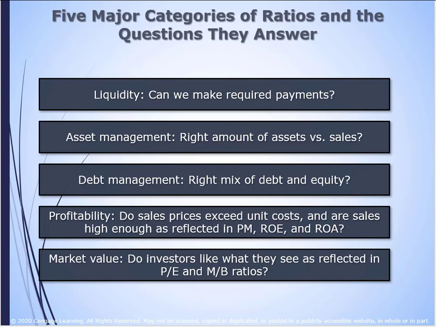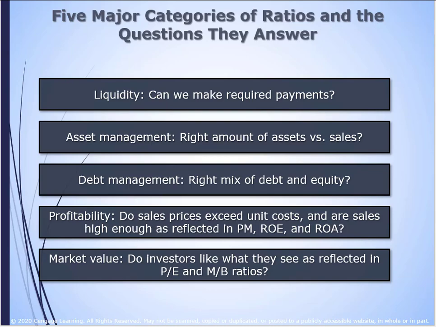Profitability: there's a variety of things that we're going to talk about here. We're going to talk about controlling expenses. We're also going to look at how some of our income relates to other items. How much profit is generated based on our asset base? How much profit is generated given our investors' money?